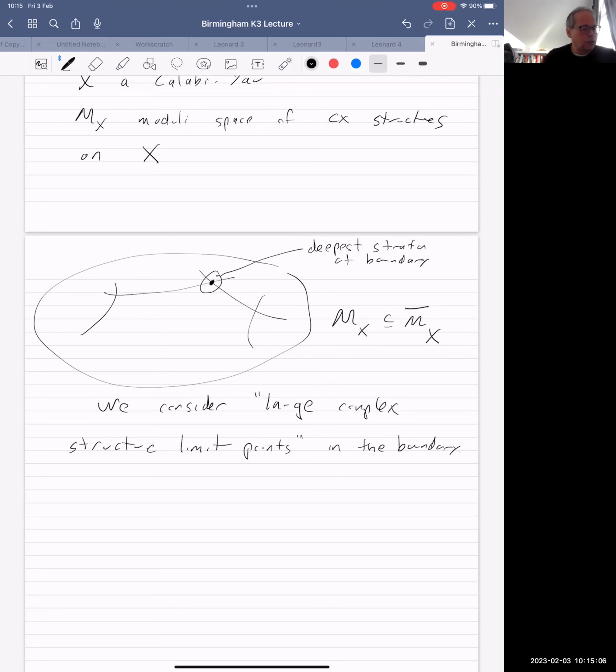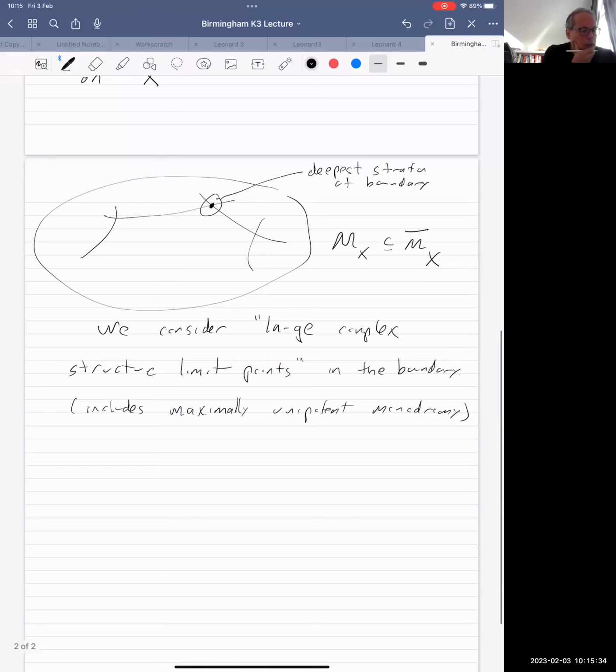Intuitively, this is the worst possible degeneration we might have. A typical example would be degenerating a quintic threefold to a union of hyperplanes. I'm not going to give the technical definition, but this includes maximally unipotent monodromy. Okay, so associated to each such large complex structure limit point, I'm going to write these as LCSL.